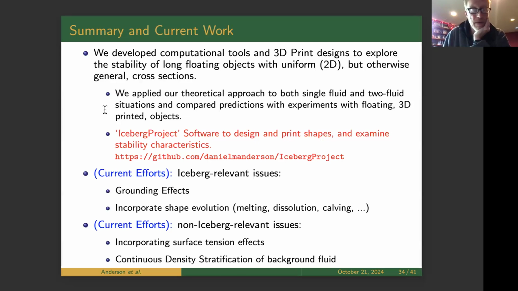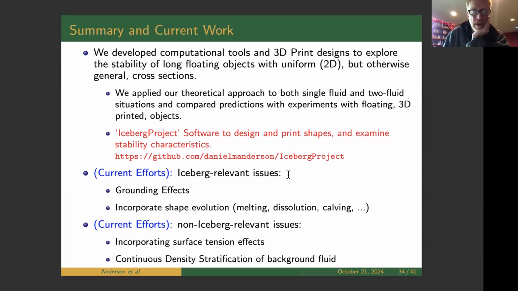And if you can print it, then you can at least try to float it in this scheme. We've looked at both single and 2 fluid situations. And there's a code here if you're interested in anything that floats, predicting it or figuring out how to design and 3D print something like this.